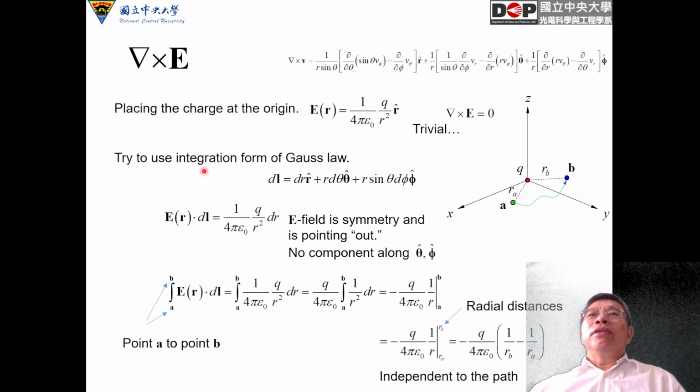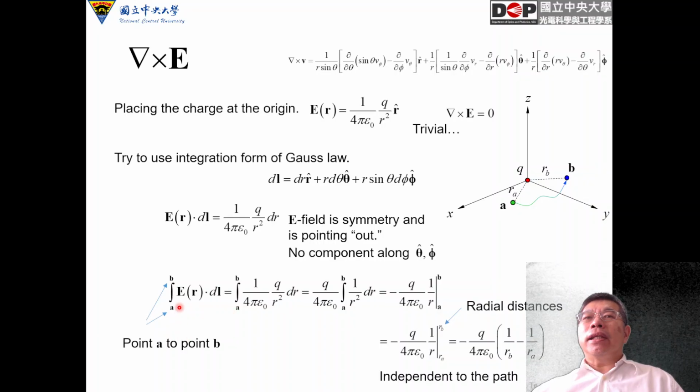And try to do the integral form by replacing the L into something like this. The electric field is symmetric and pointing out, with no component along the theta or phi direction because the charge sits in the center. So it'll be easy.